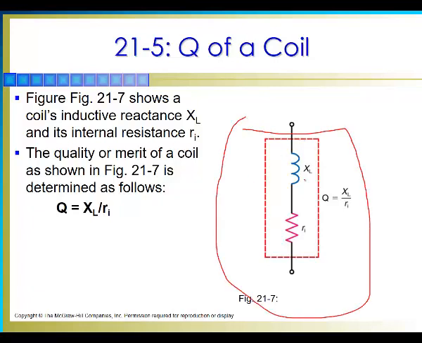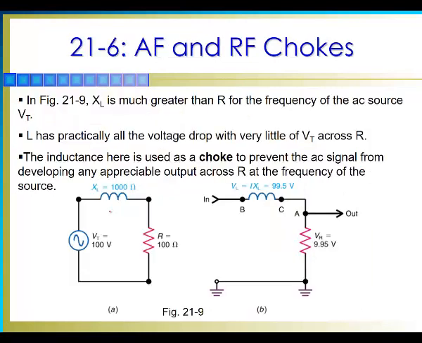The inductor has the reactance, but the wire also has its own resistance, which is very small though. So the quality of the coil is based on the reactance divided by the internal resistance of the wire that the coil is made out of.